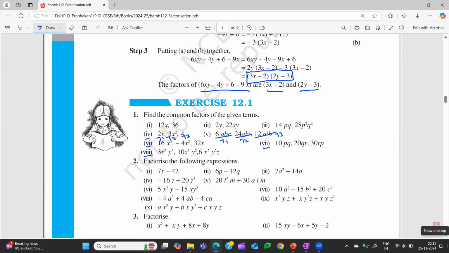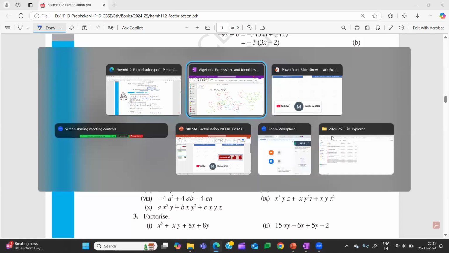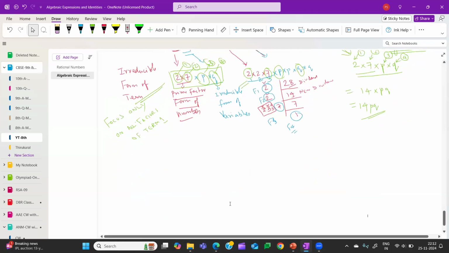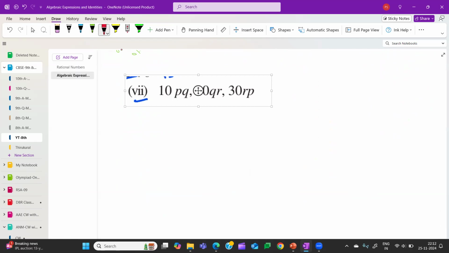Now I'll check the 7th one. I'm coming back to my Microsoft OneNote. So these are the 3 terms. We'll write term 1, 10PQ.